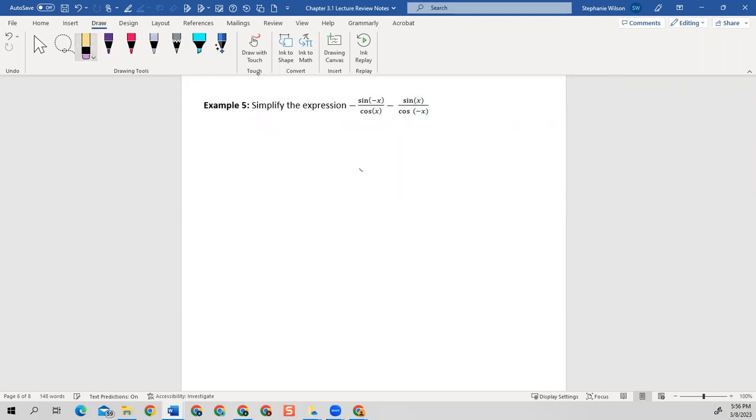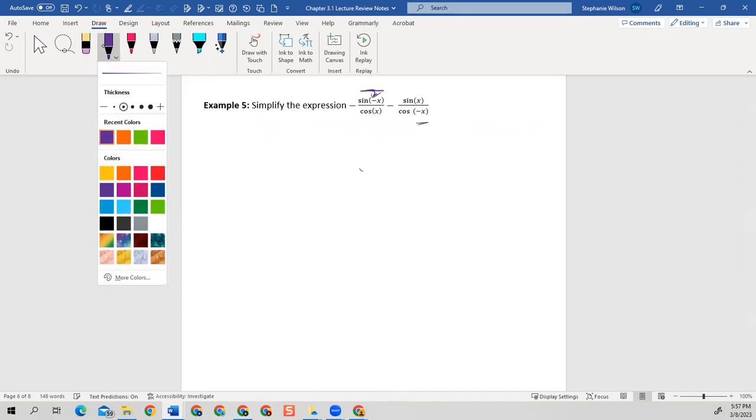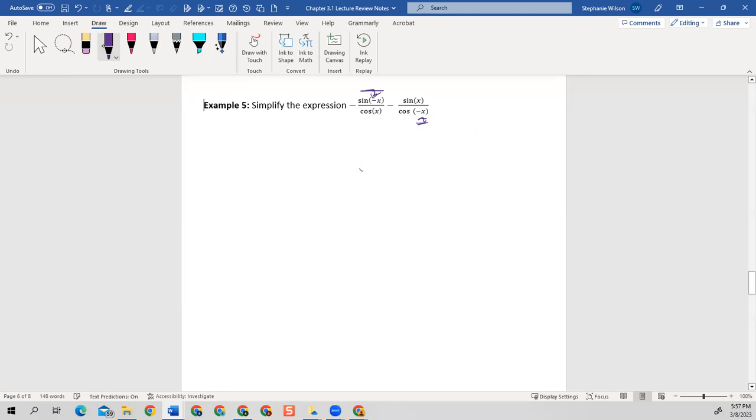Okay. So when it said to simplify this expression, I saw that inside that parentheses, my X is negative, right? So we're going to talk about even and odds.